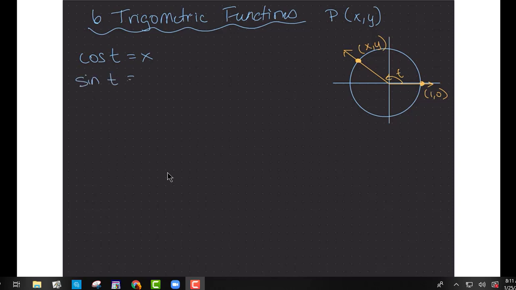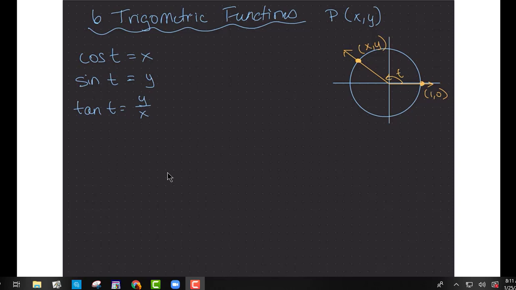Our sine of t is going to be our y value. And our tangent of t is going to be y over x. I know you guys aren't completely new to sine, cosine, and tangent. You've seen those a little bit.